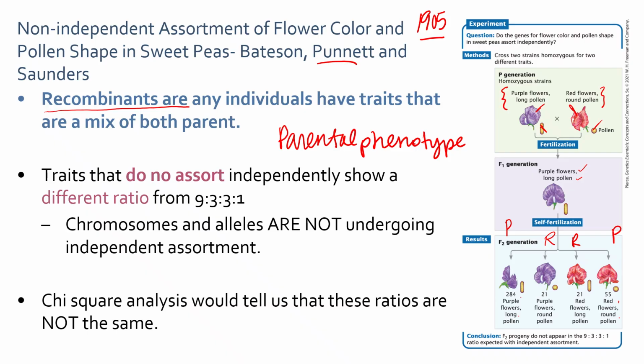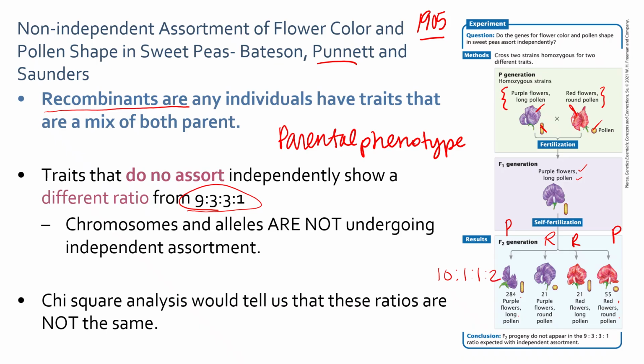But they noticed that they did not appear to have independent assortment. If they had independent assortment, they would have expected that 9:3:3:1 ratio. And they don't really have that. They basically have something like a 10:1:1:2.